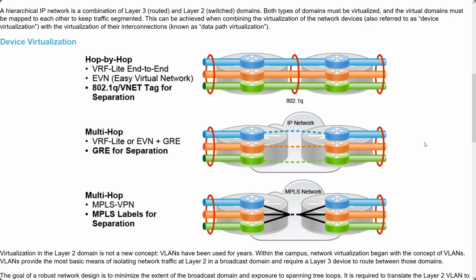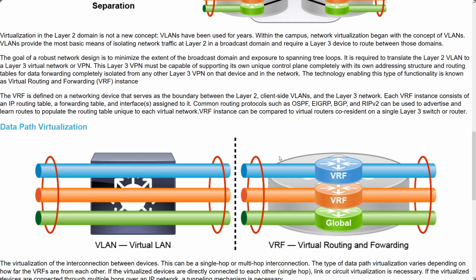Virtualization of the transport itself has to address the virtualization of the network devices as well as the connections that connect those different network devices. So again, we have two options: device virtualization, and data path virtualization.